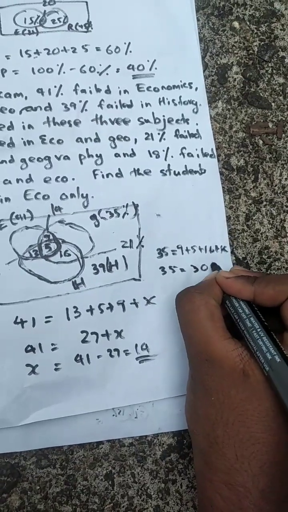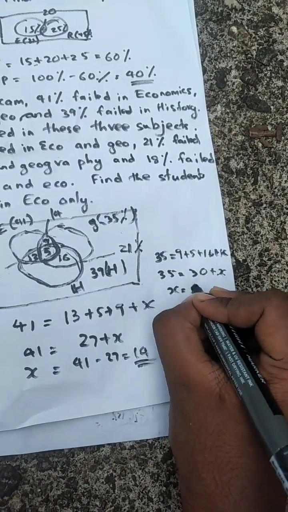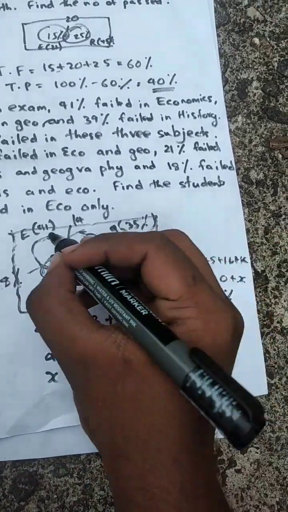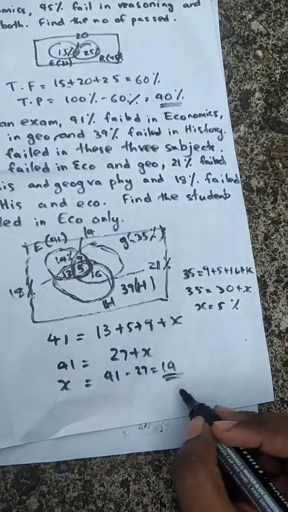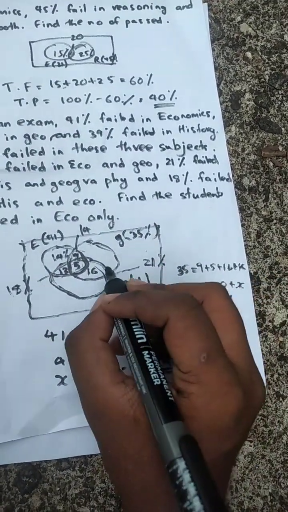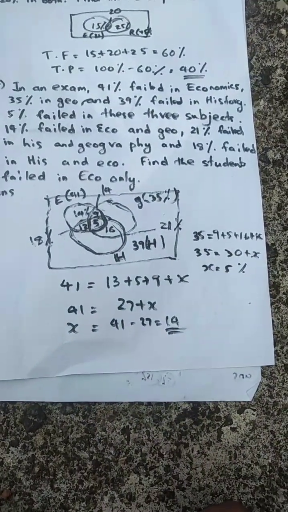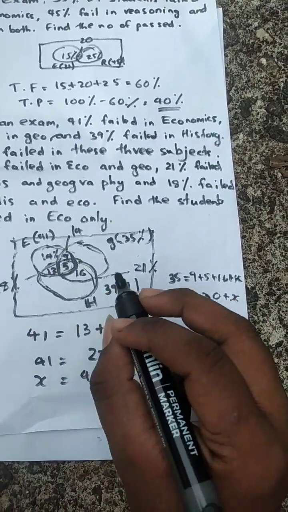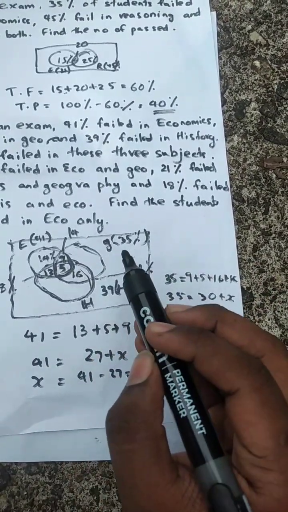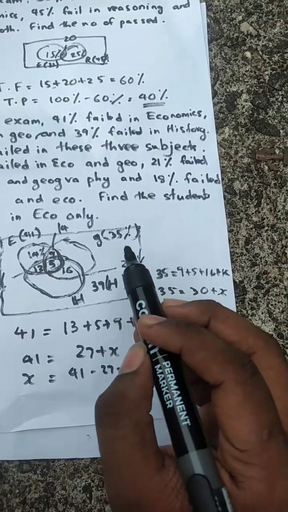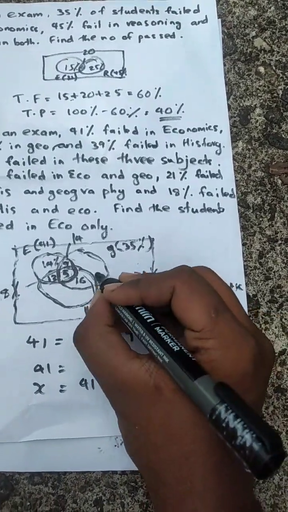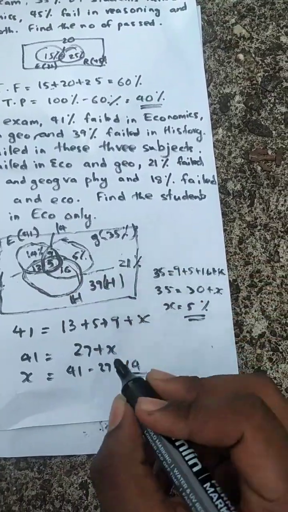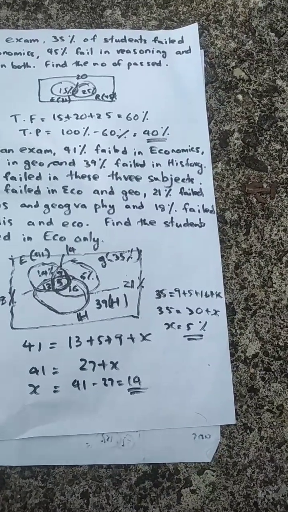So 30 plus x, so the value of x would be 5%. Here we only wanted the value for economics, but I am showing you how to find the values for geography and history. If a question asks for the part of geography only, the answer would be 5%.